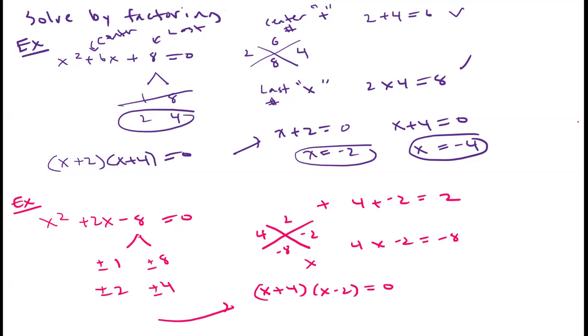Now, another way to show whether you got the correct factors is you just multiply the outer and inner terms. 4 times x, and then the first term and the last term, x times negative 2 will be negative 2x. So when I multiply those, 4x minus 2x gives me 2x.